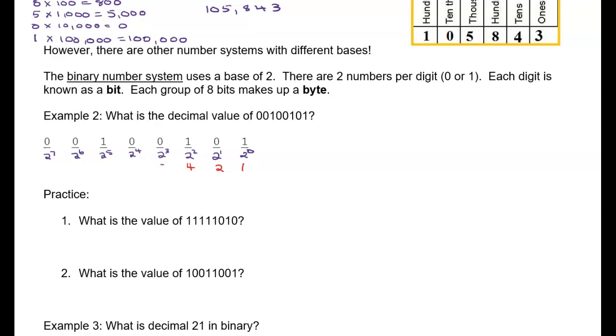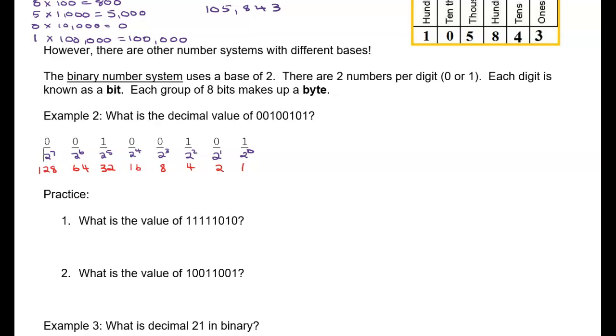Then the next one is 8, and the next one is 16. See how it doubles each time? Instead of increasing by a factor of 10, it's increasing by a factor of 2. Then the next one would be the 32's place, the 64's place, and the 128's place.